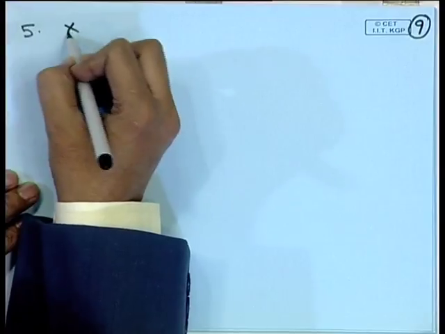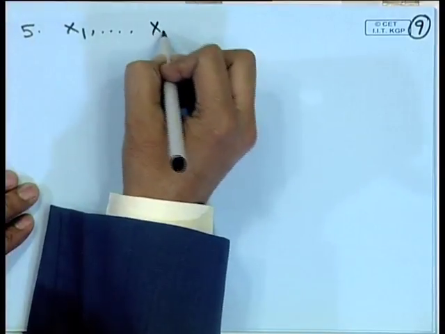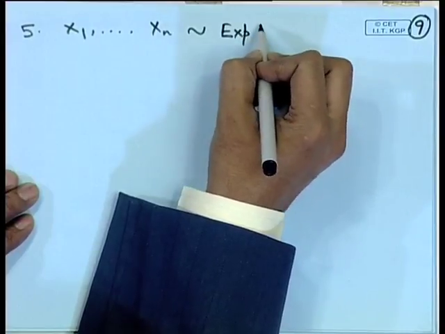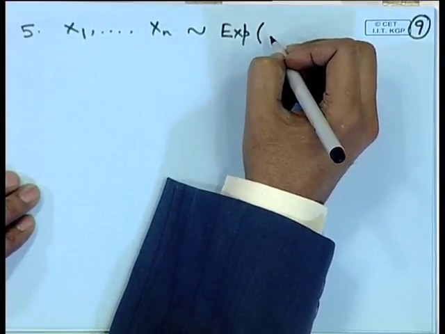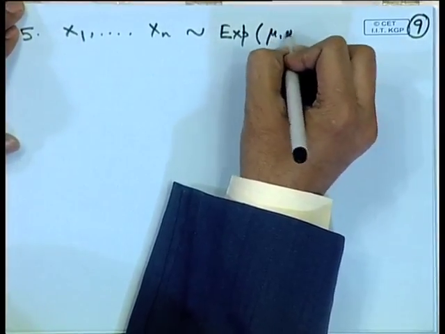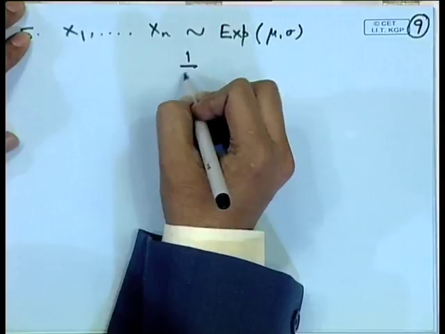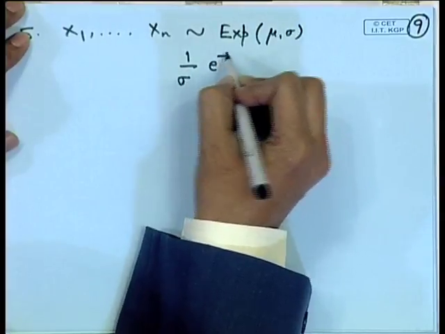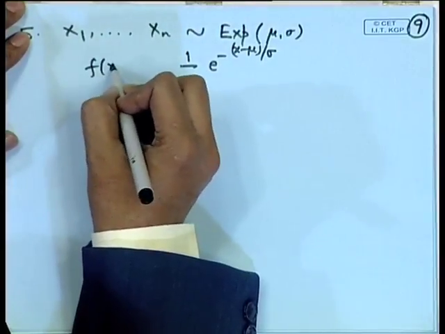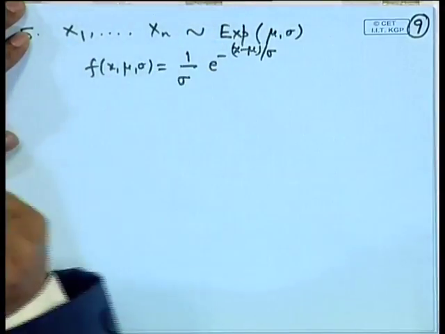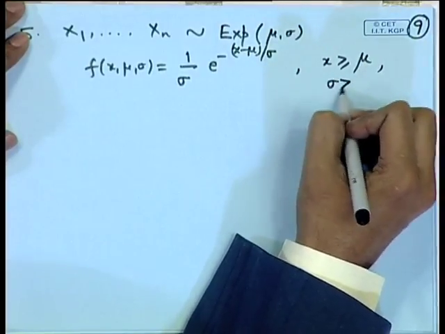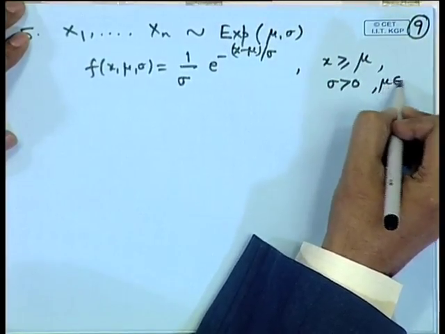Let us take another example, say x 1, x 2, x n follow exponential distribution. Let me consider the 2 parameter exponential distribution with parameters mu and sigma, that means the density function is 1 by sigma e to the power minus x minus mu by sigma, where x is greater than or equal to mu, sigma is positive and mu is any real number.